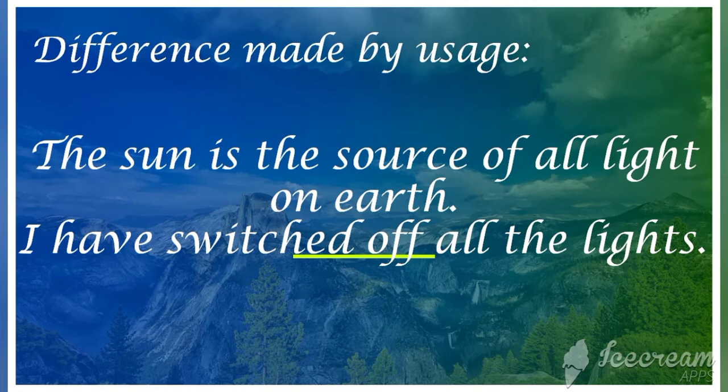In the first sentence it is uncountable, describing light in general. In the second sentence, lights is countable, and this is talking about bulbs. Tube light, bulb, you all know, right? When it is given as switch off all the lights, you should not think it is general. There is a different meaning behind it. So these are the words where difference is made by usage. I think you can understand.